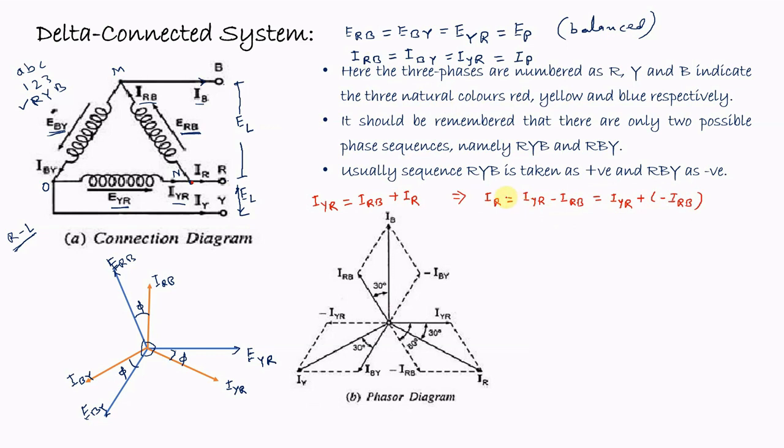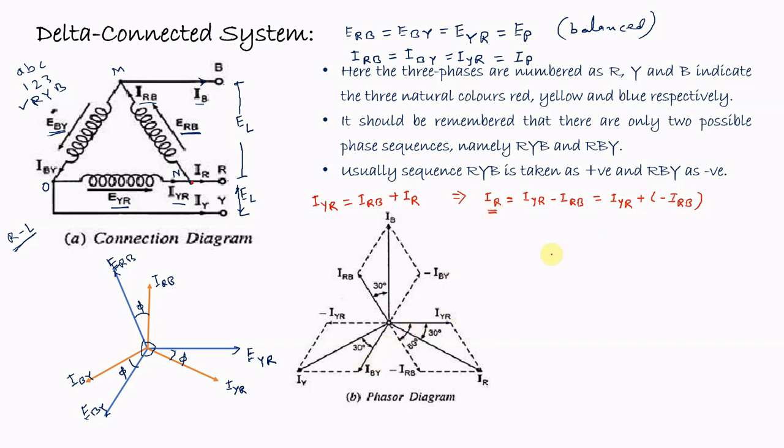If we calculated the line current in terms of magnitude alone, the value would be 0 here. But we have already seen that there is a phase difference. Therefore, IYR minus IRB can be written as IYR plus minus IRB. It means the positive phase sequence of IYR should be added with the negative phase sequence of IRB, and it will give us the line current, IR.